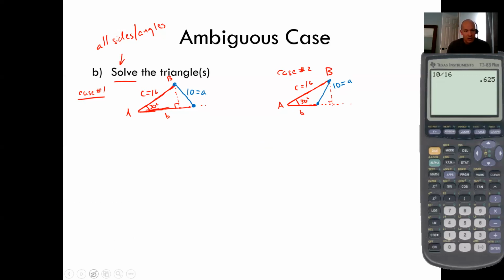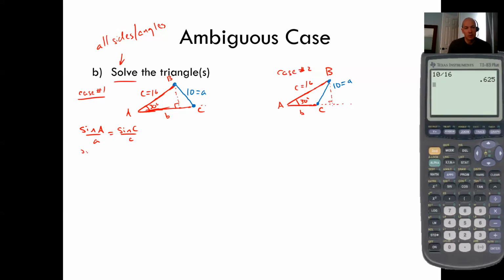What I can do now is I just have to solve them. So the way I'm going to go about this is I'm going to start by looking for something that is easy to get. I guess that's vertex C over there. So I can write sine of A over A equals sine of C over C, because A and little a is a known side angle pair, and C and angle C are my other unknown side angle pair.